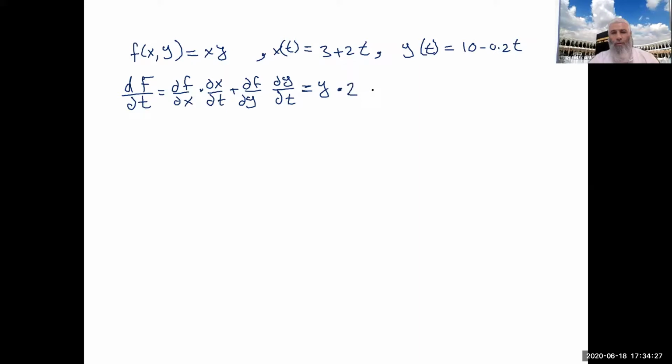Yes. Plus df with respect to y. From here, it's y with respect to y, just 1 x. Yes. And dy with respect to t from here, it's just minus 0.2.